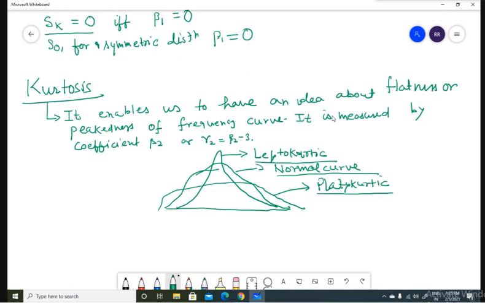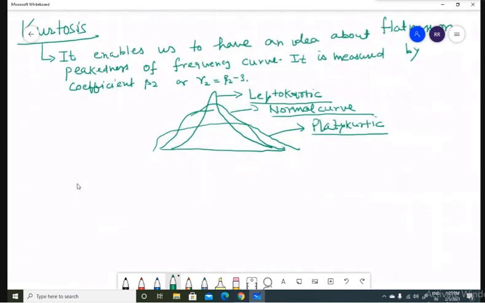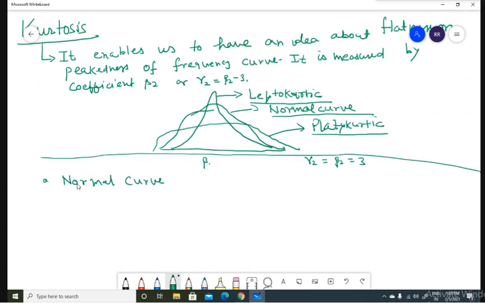It is determined by beta 2. So I'm writing it point-wise. For the normal curve, what should be the value of beta 2 and gamma 2, which is equal to beta 2 minus 3? Beta 2 will be 3 and gamma 2 will be 0.